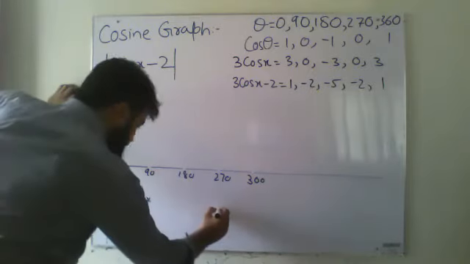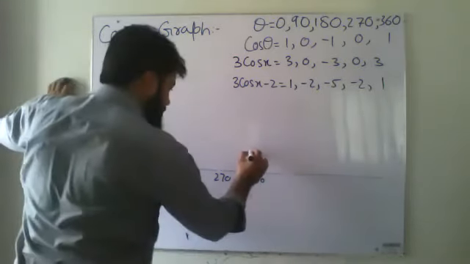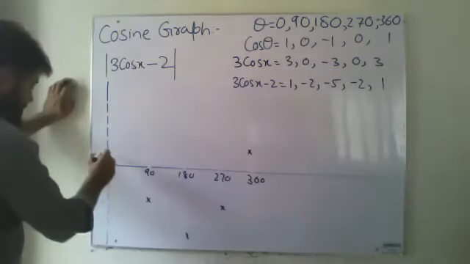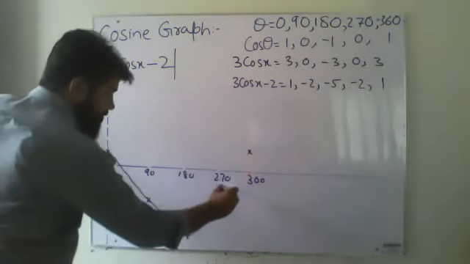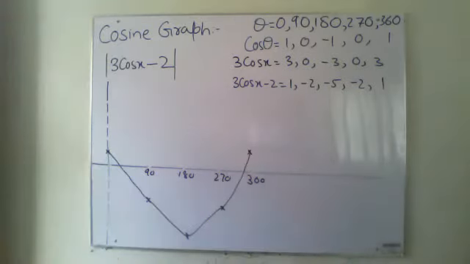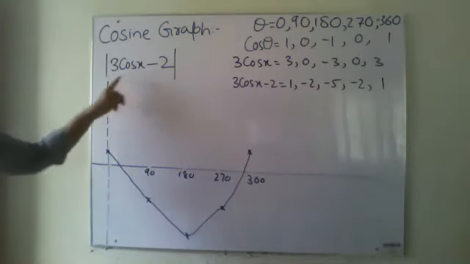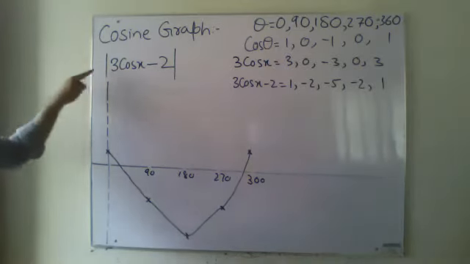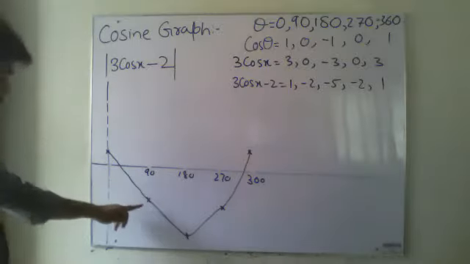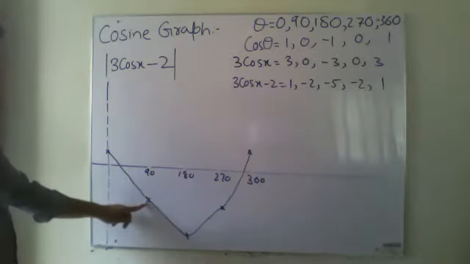Okay, then -2, and then 1. This is my original graph without modulus. Now I am going to apply the modulus. So see, it was -2 over here.